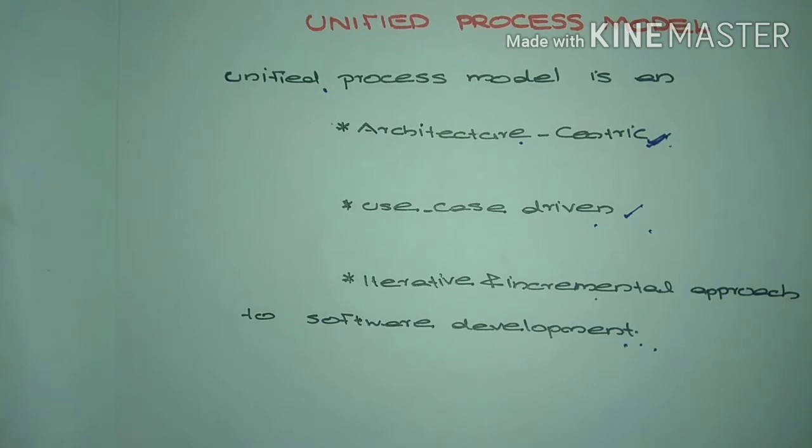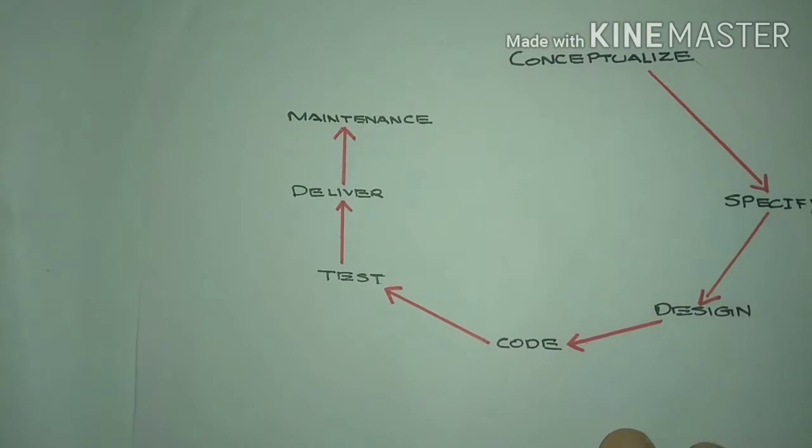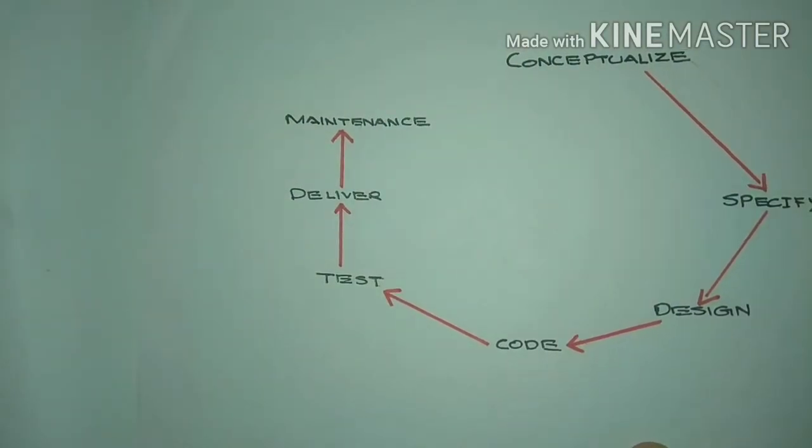Next, we will discuss the different phases of the unified process model. In the previous lecture, we discussed what is the software lifecycle model, that is the life cycle of a software.